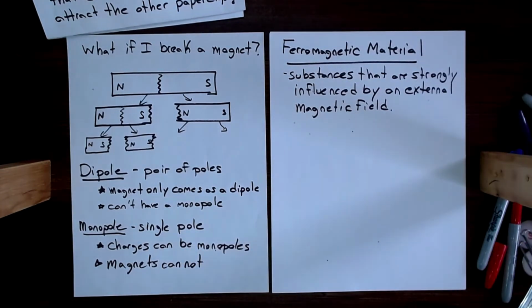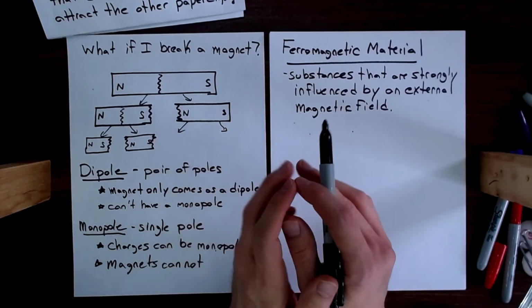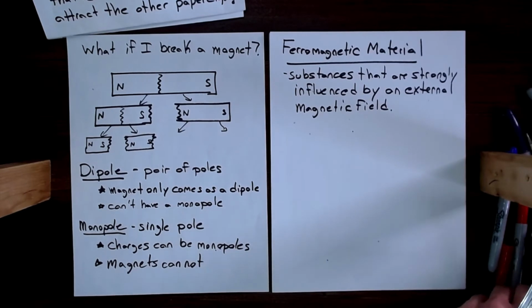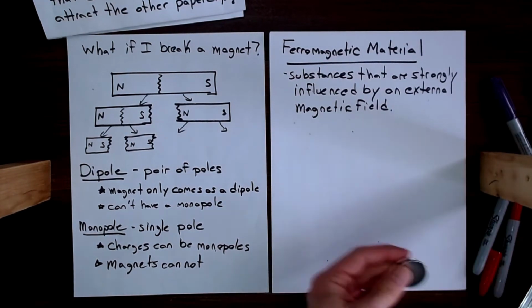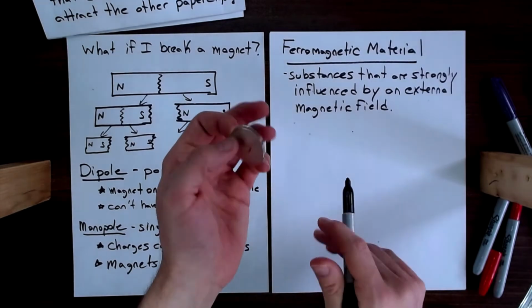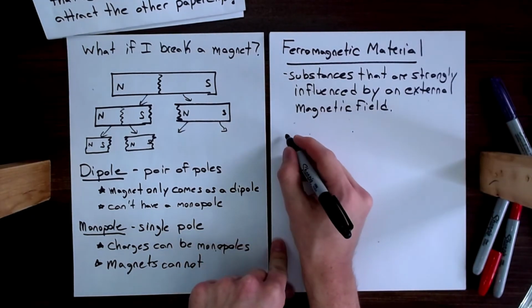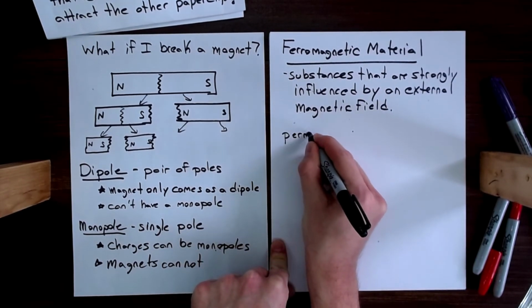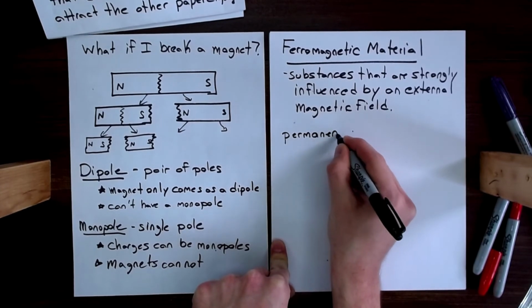Now, there are two types of magnets that we're going to discuss. The first one is like the neodymium that we looked at. This neodymium magnet is what we call a permanent magnet.